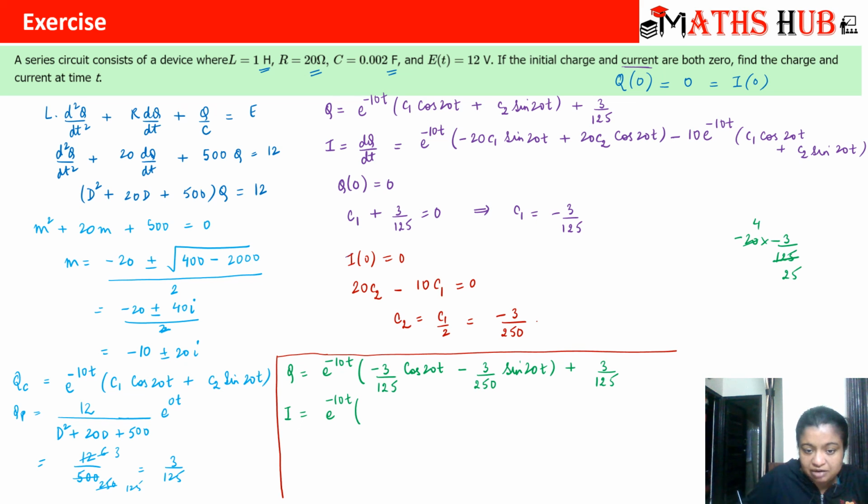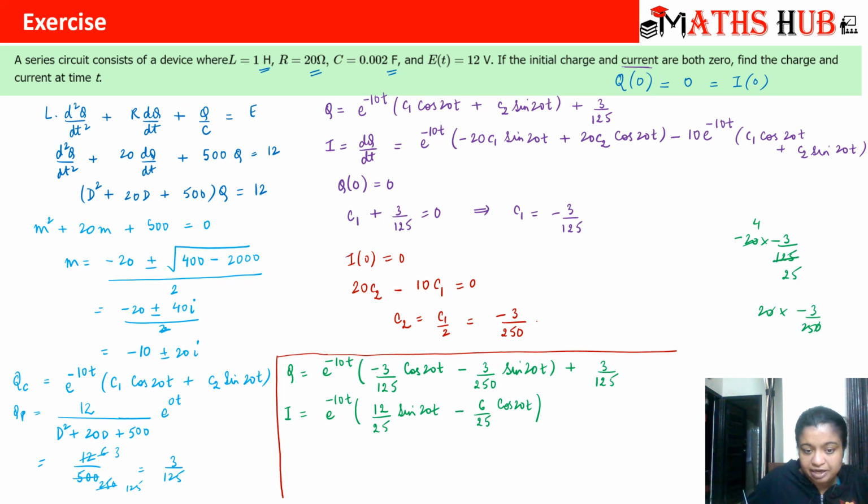So that is 12 by 25 sin 20t, and then I have 20 times c2. So it is 20 into c2, which is minus 3 by 250. 0 gets cancelled and I get minus 6 by 25 cos 20t.